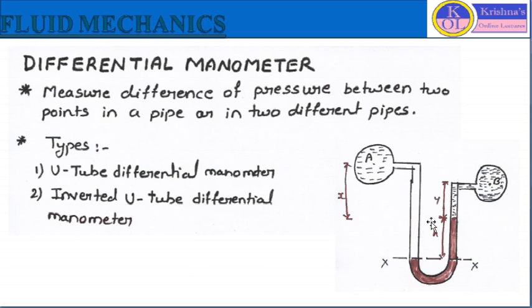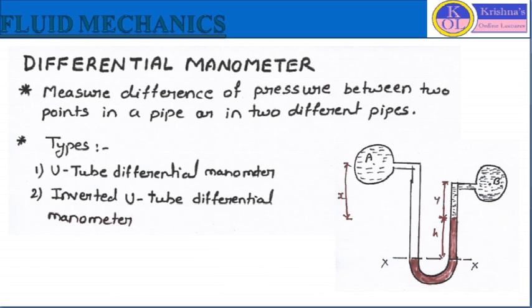These two limbs are connected to two different points where we have to measure the pressure, or the difference of pressure of these 2 points. Here the left limb is connected to point A, so we will find out the pressure at point A, and the right limb is connected to point B, so we will find out the pressure at point B. Then with the help of PA and PB, we can find out the difference of pressure. So this is about the differential manometer.